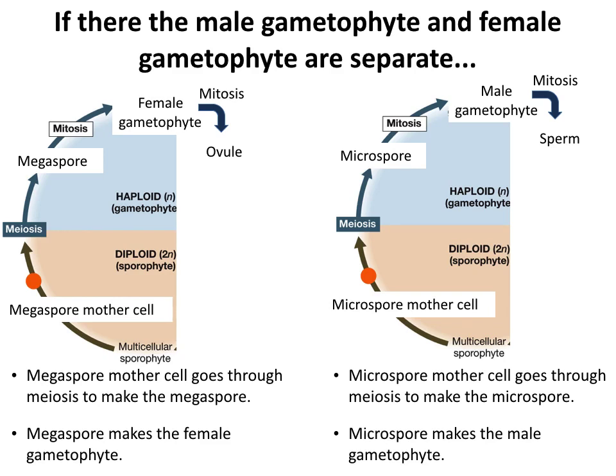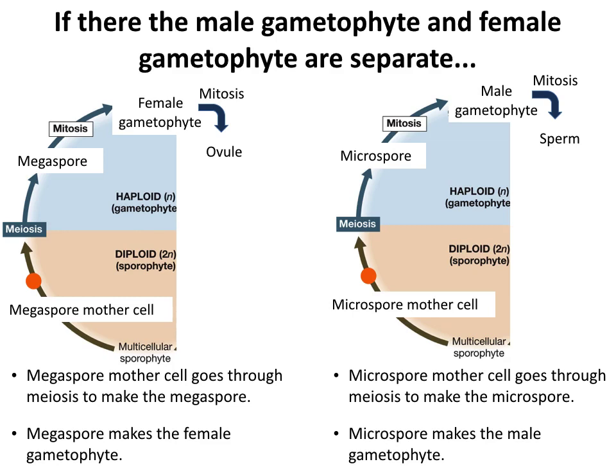So if you're in the sporophyte, you want to differentiate the mother cell that goes through meiosis to produce the female gametophyte and the mother cell that goes about producing the male gametophyte. So on this diagram that's currently on the slide, what you see is at the multicellular sporophyte stage, we still have the orange dot that indicates the mother cell, but instead of calling it just the mother cell, we call it the megaspore mother cell.